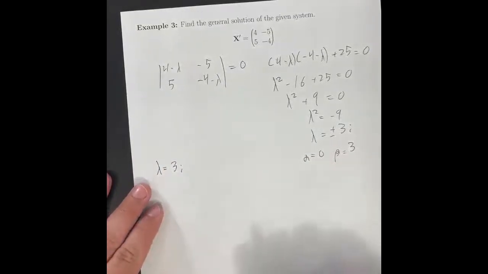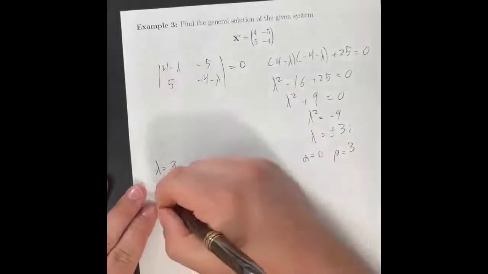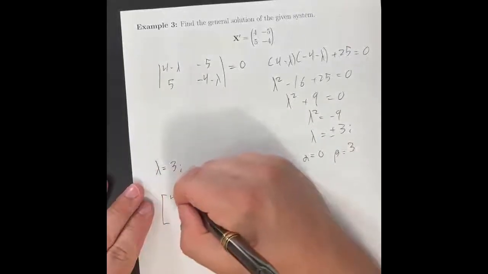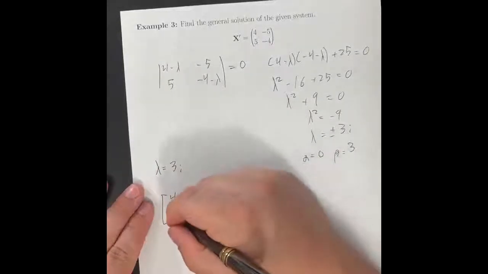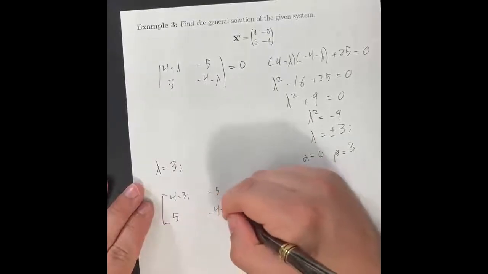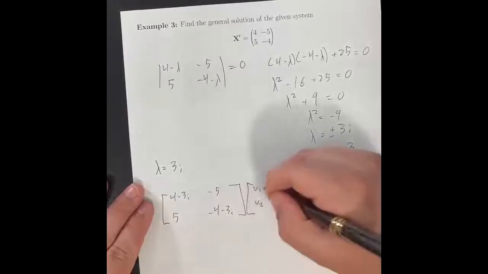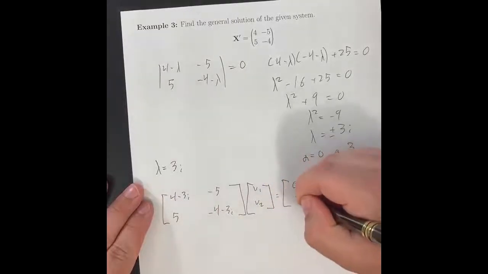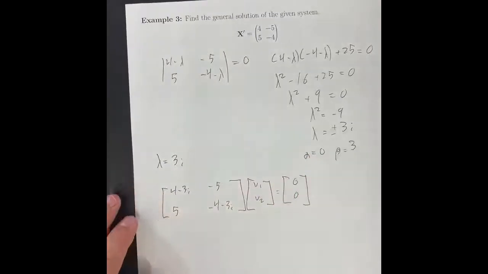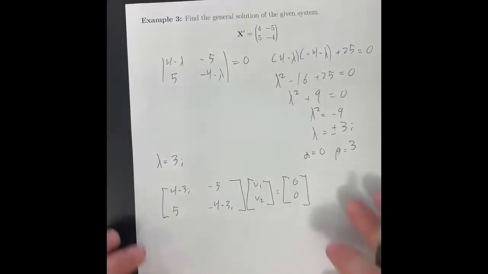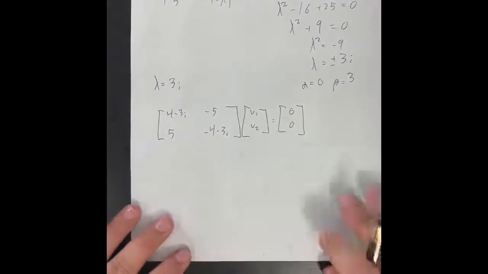So that means solving this system here. It says 4 minus 3i, negative 5, 5, negative 4 minus 3i, times v1, v2 equals 0. This is going to involve complex numbers, and that's okay.